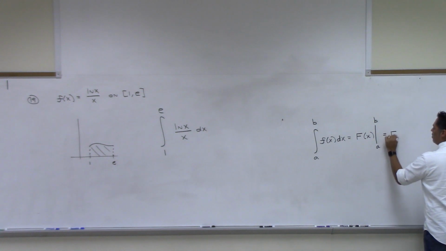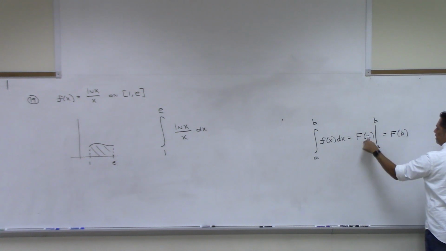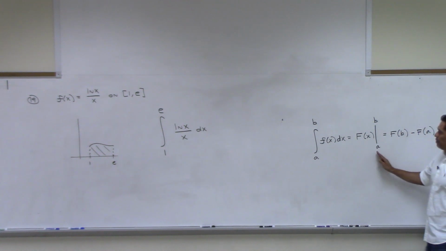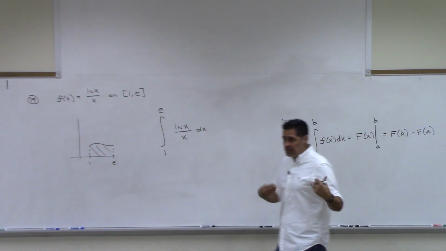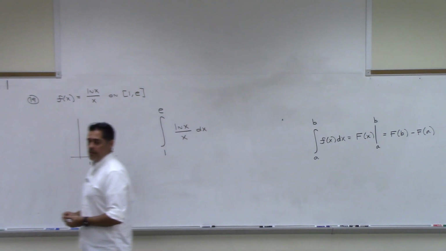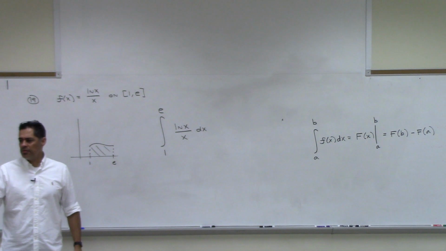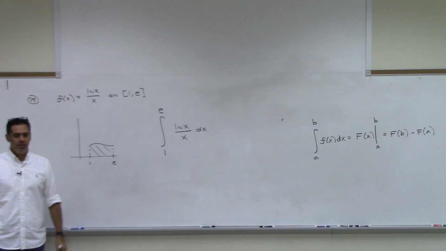And then we're just going to plug in the b into this answer and subtract what we get when we plug a into this. Right? That's the fundamental theorem of calculus. It's on your formula sheets, but it's also something you can write on your reference sheets.